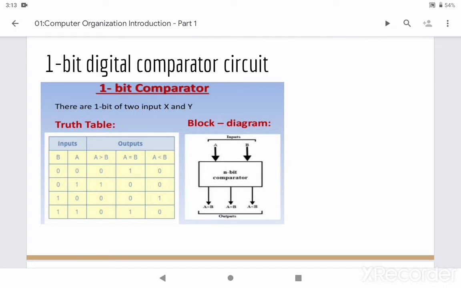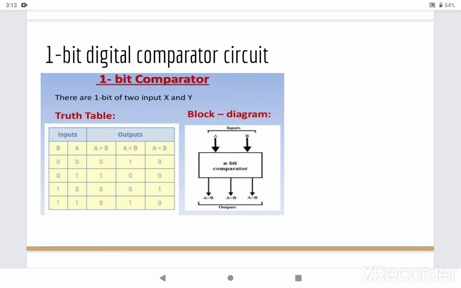One is A greater than B, one is A equal to B, and the third one is A less than B. 0 greater than 0. Is it true? No. 0 is not greater than 0, so we can give it as 0 itself. Then 0 is equal to 0. Is it true? Yes. Then in that location you can place the value 1. Then 0 less than 0. No. Then again you have to place 0.